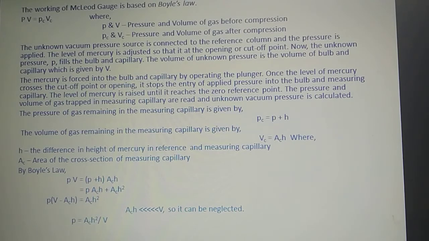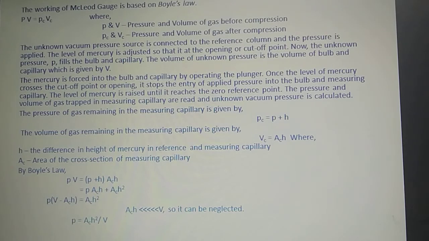But now this AC H is much less than V, and therefore we can neglect this term from the left hand side. The negative term minus AC H can be neglected, because the value of AC H, that means the area of the liquid column after compression times height, is much less than the volume. Volume is much bigger as compared to this AC H value.